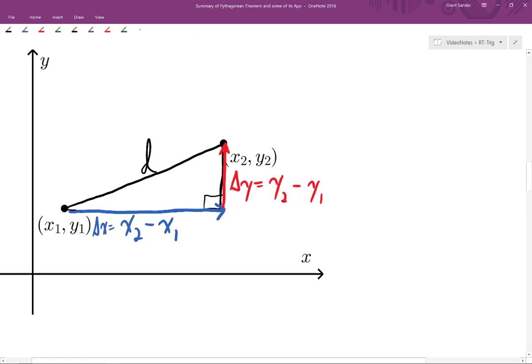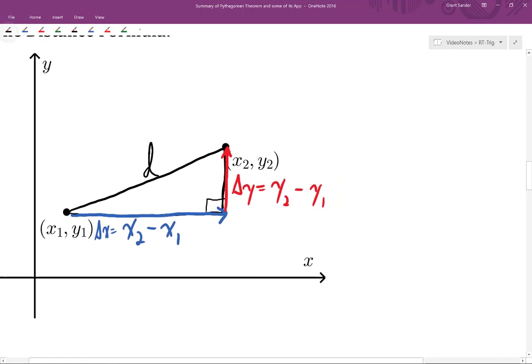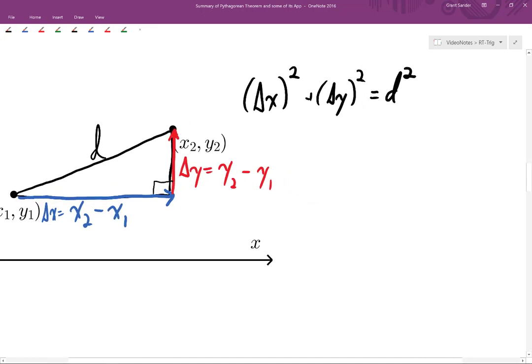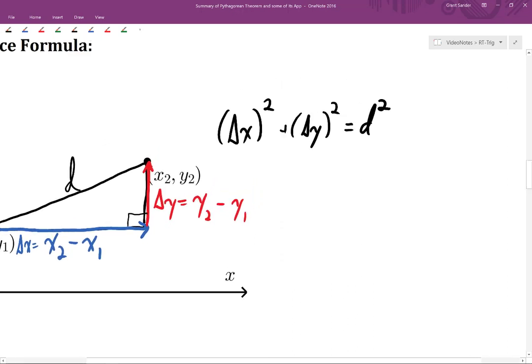Based on the Pythagorean theorem, we should have delta x squared plus delta y squared equal to d squared. But we have delta x and delta y expressed in terms of x1, x2, y1, and y2.